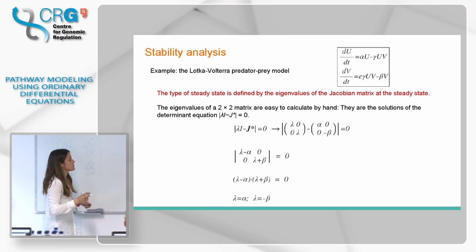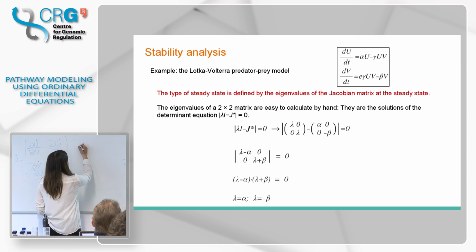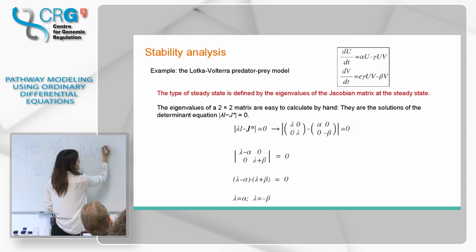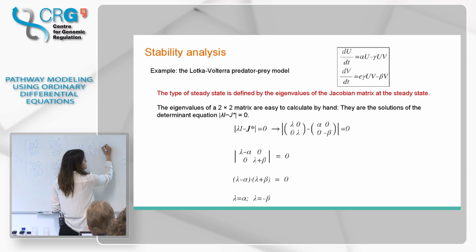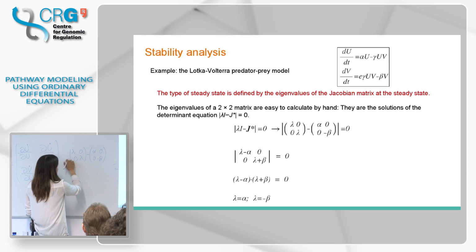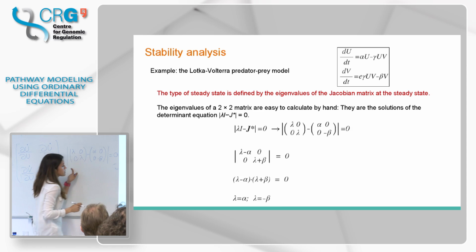So we have this here. This lambda multiplied by the identity is nothing else than minus this, the result of the Jacobian at the steady state, and the determinant of this we have to equal to 0.